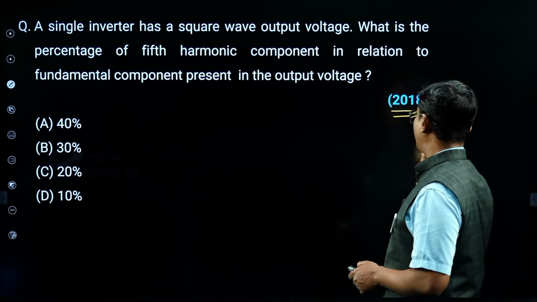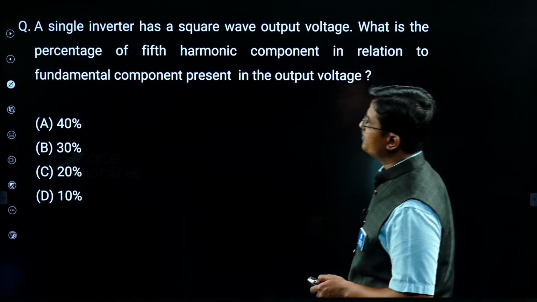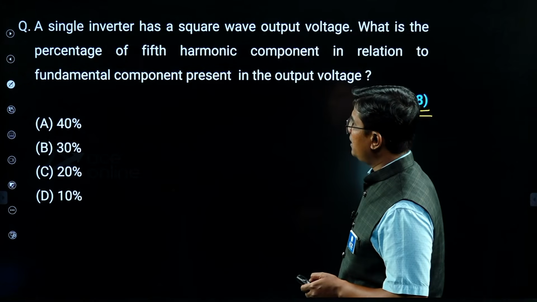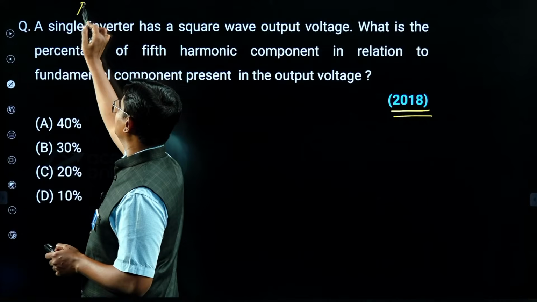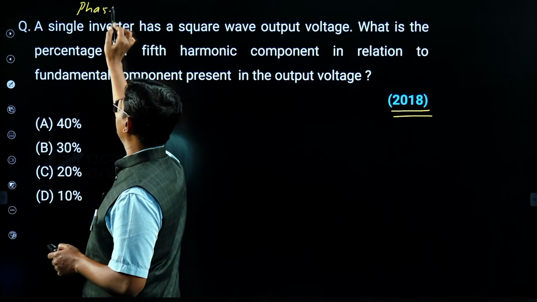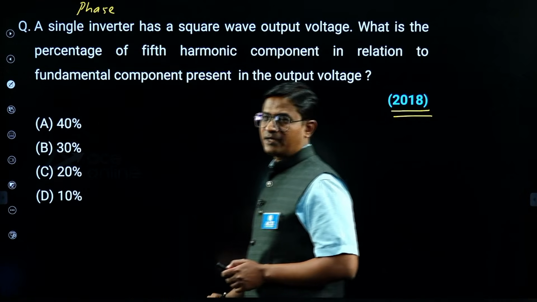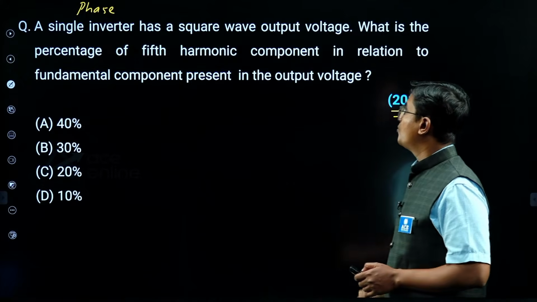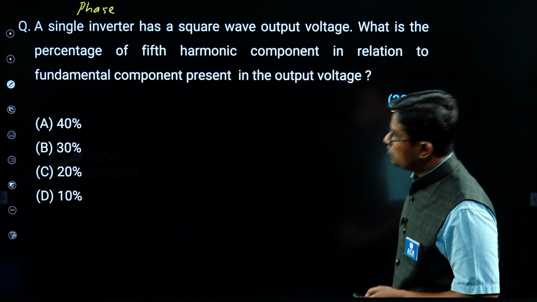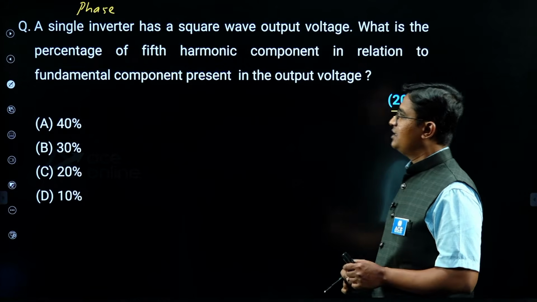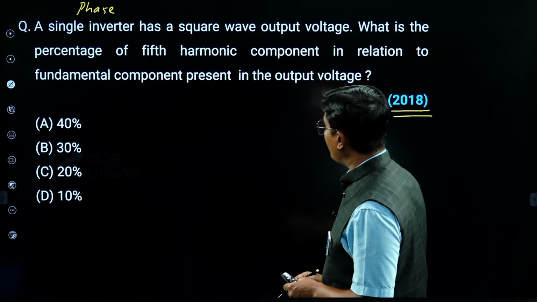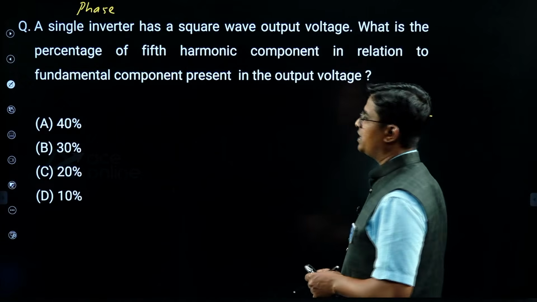Yes. Next, this question is from 2018. A single phase inverter has a square wave output voltage. What is the percentage of fifth harmonic component in relation to the fundamental component present in output voltage?